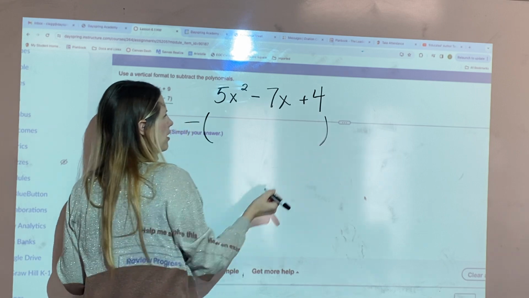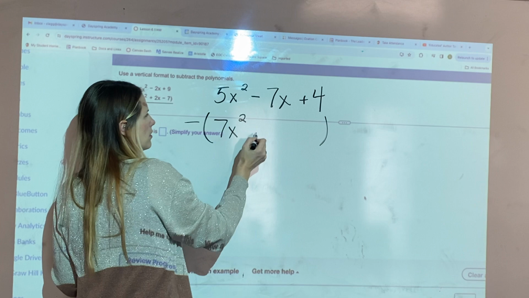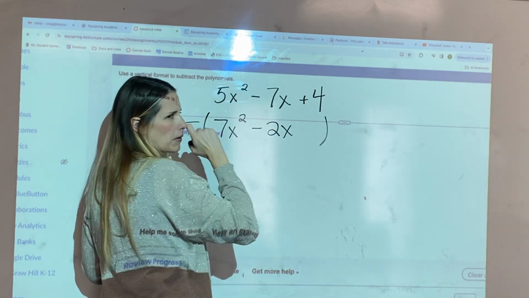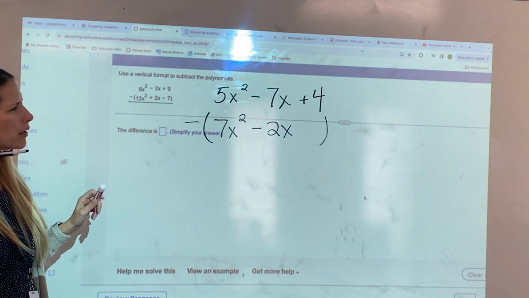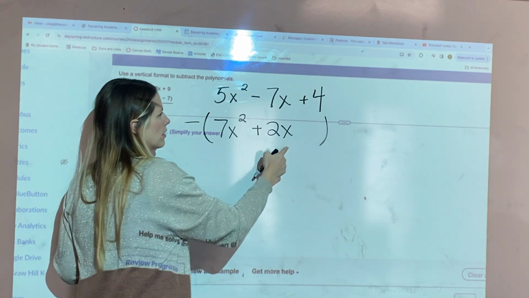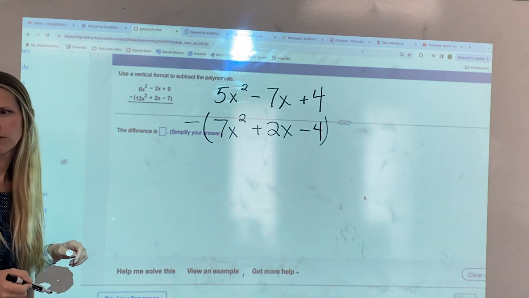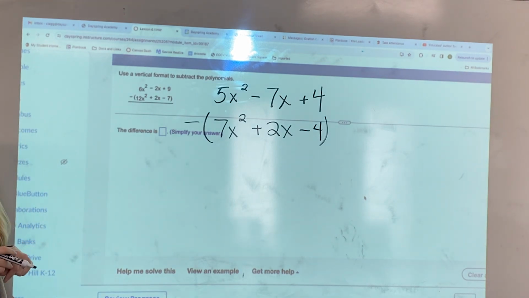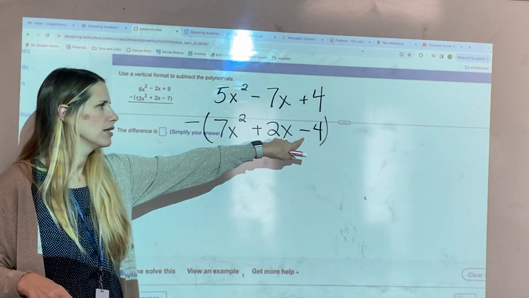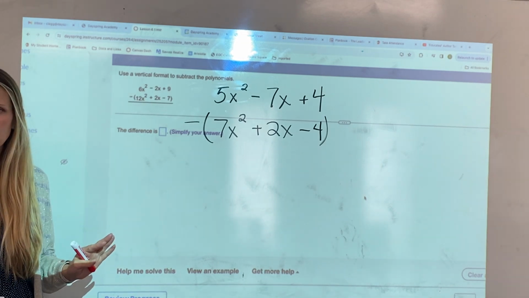Minus, and then give me the other polynomial. 7x to the second power, plus 2x, and then negative 4. So on your computer it says positive 7x squared plus 2x minus 4. Okay, there are two methods.